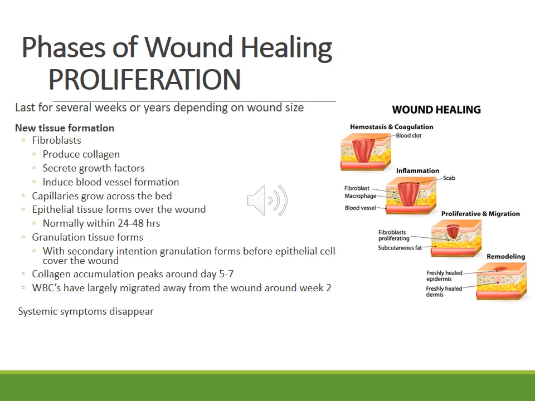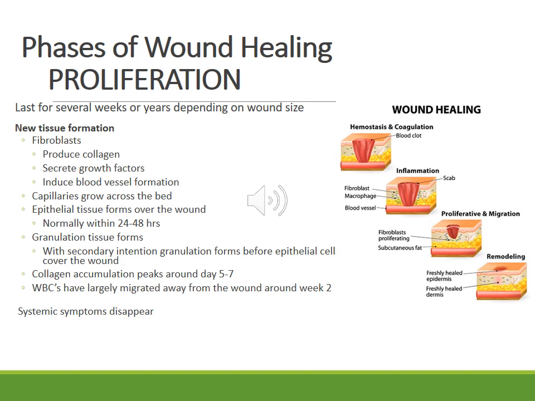We begin to produce some collagen, secrete growth factors, induce blood vessel formation. So this takes some time. We start to have some granulation tissue form, and with secondary intention, granulation forms to begin covering that wound. And the white blood cells have largely migrated away from the wound now.